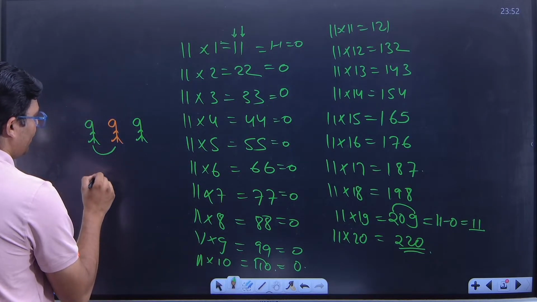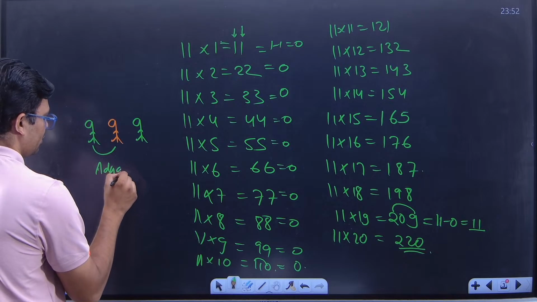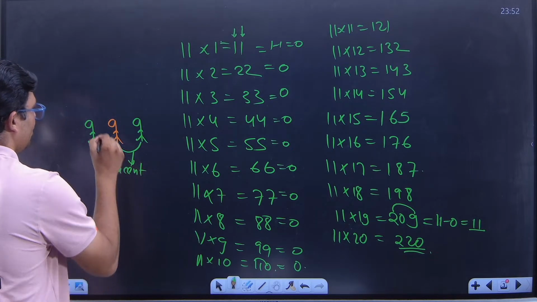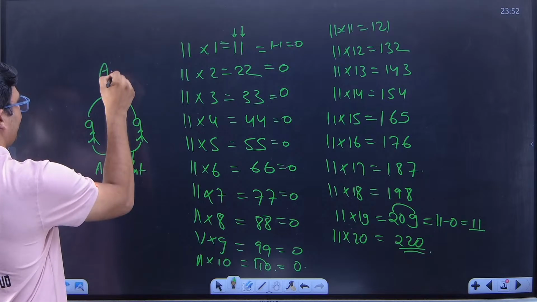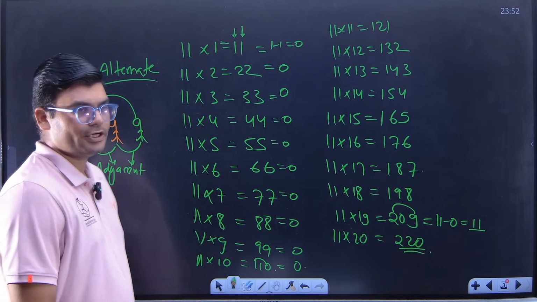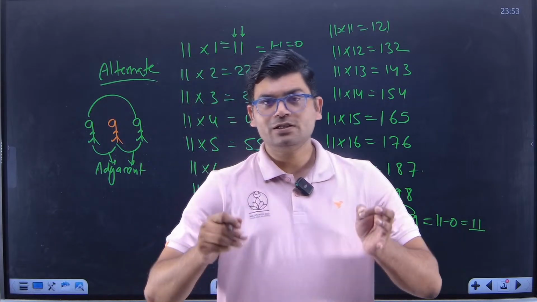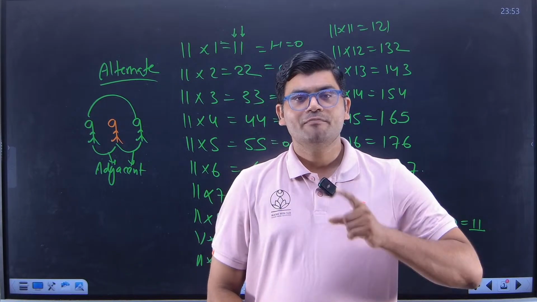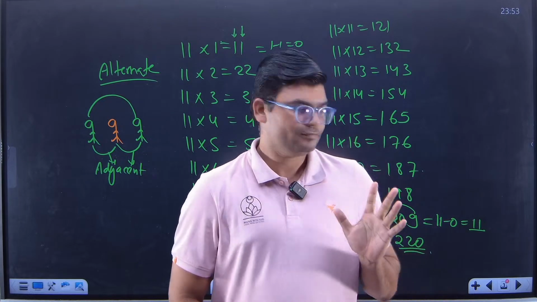So these two are adjacent, and these two are also adjacent, but these two are known as alternate. You must understand what is alternate. So the difference between the sums of the alternate digits must be divisible by 11.